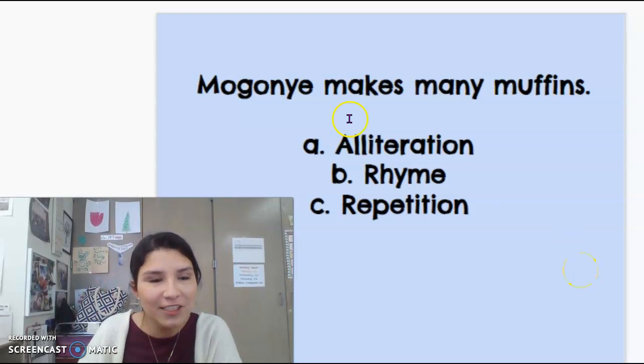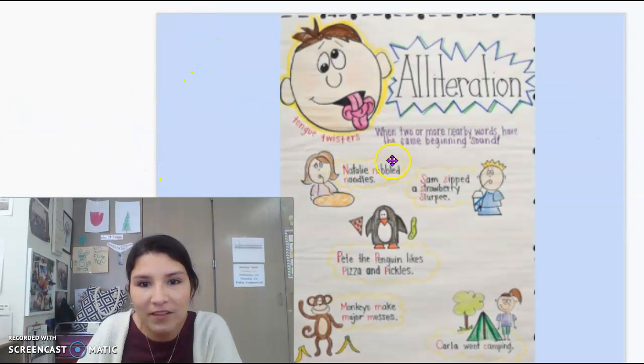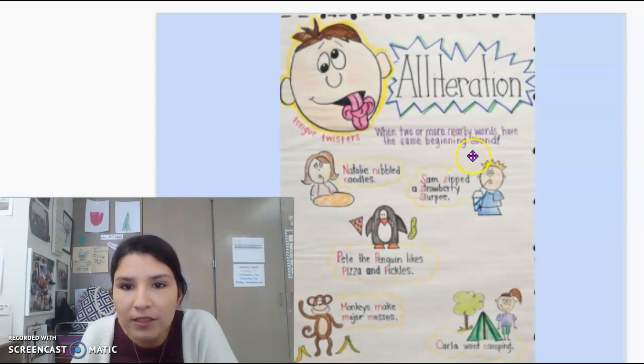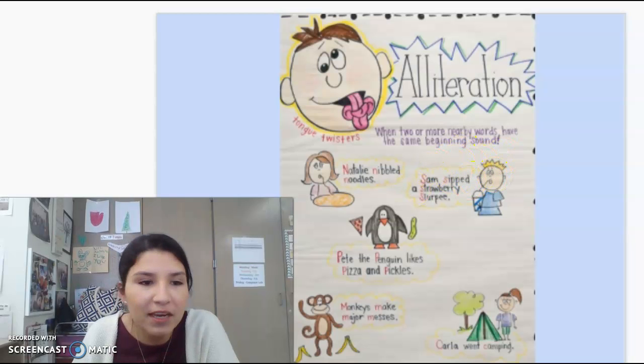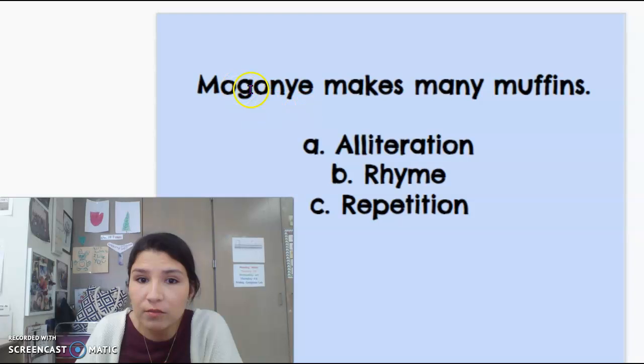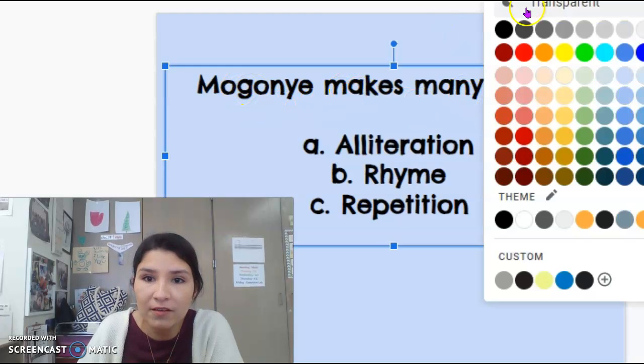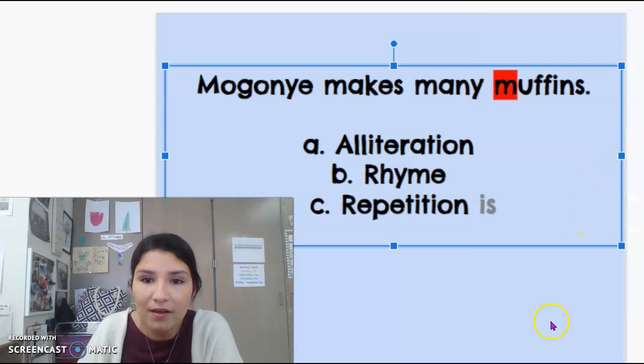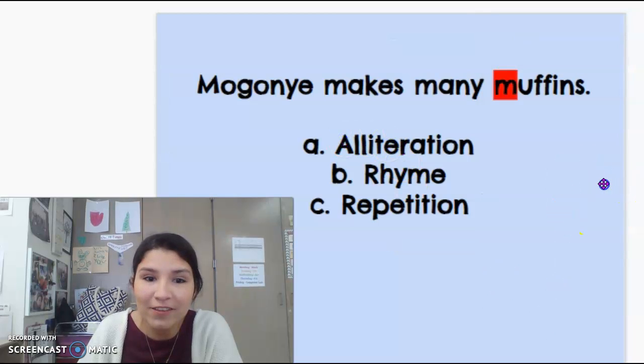It's alliteration. That's what we're focusing on. Why is it alliteration? Well, let's see. When 2 or more nearby words have the same beginning sound. So here's 1, 2, 3, 4 words that all begin with what letter? M, right? So this is an example of alliteration.